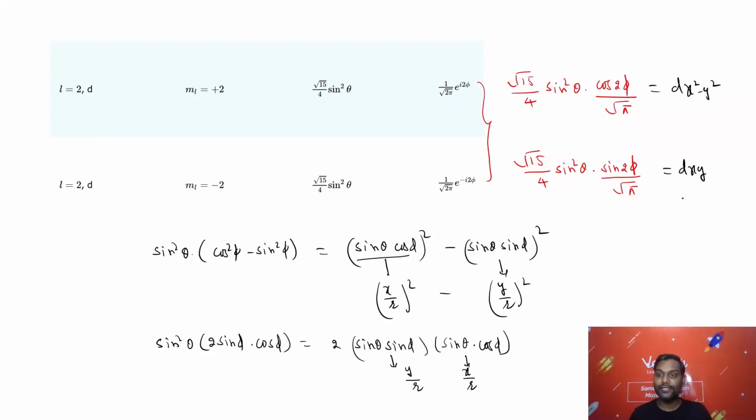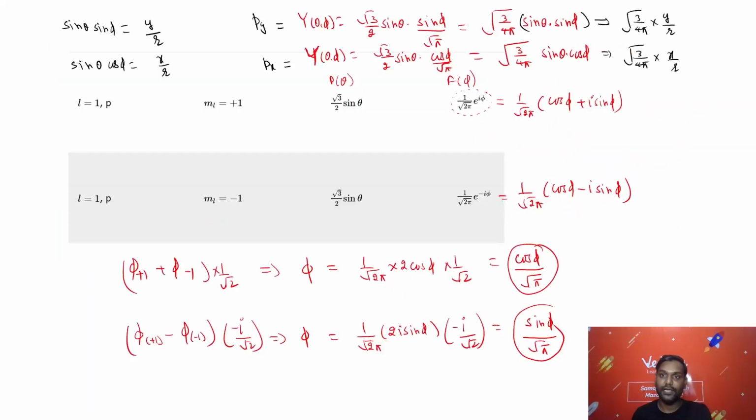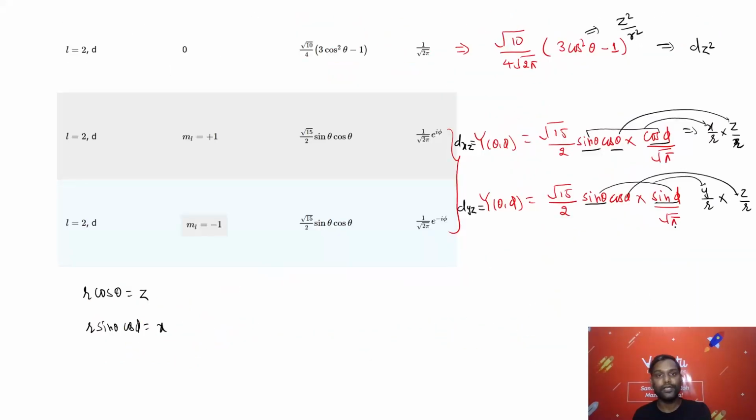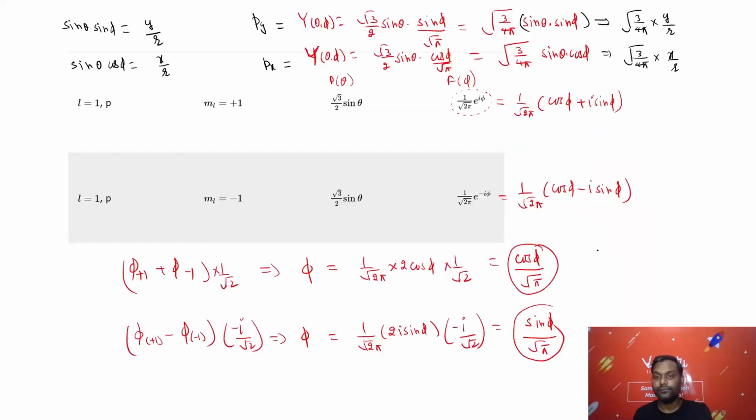I hope you've understood this. How do we identify a given orbital from its angular wave function? Let's recap. For s, it is always independent of both theta and phi. For ML equal to 0, you will only have a cos theta term, which will always correspond to pz, and here also, this only contains theta, so it corresponds to dz square. For the remaining 2 p orbitals and remaining 4 d orbitals, we have to use the combination of +1, -1, +2, -2, and when we do that, we get these angular wave functions.